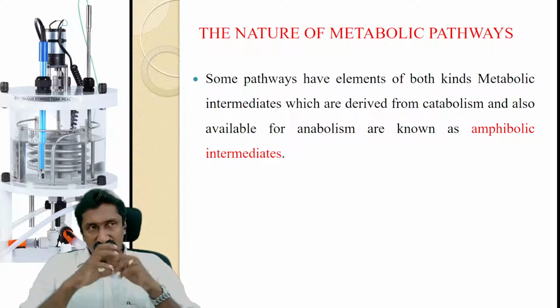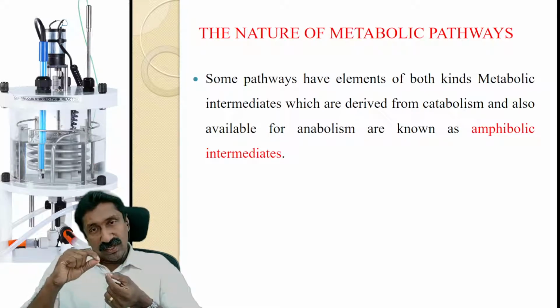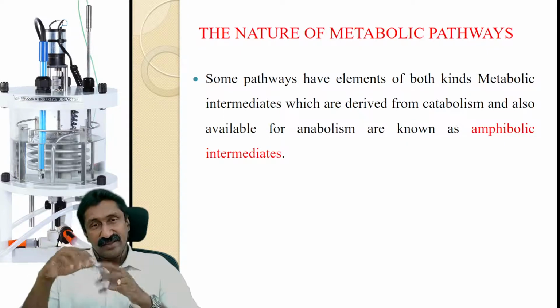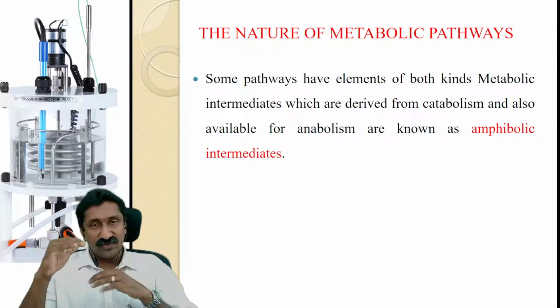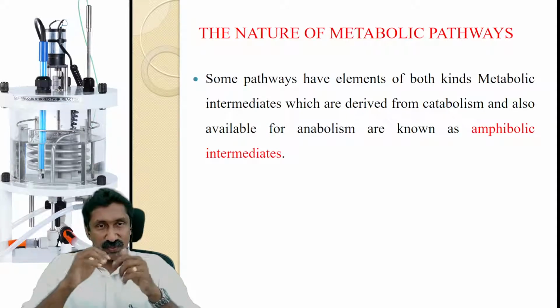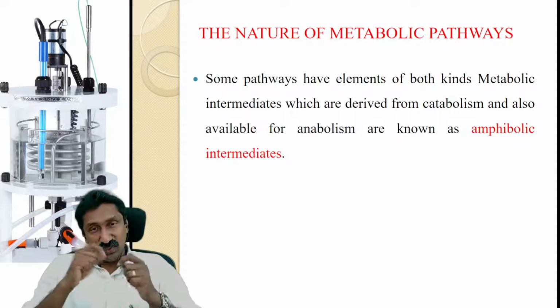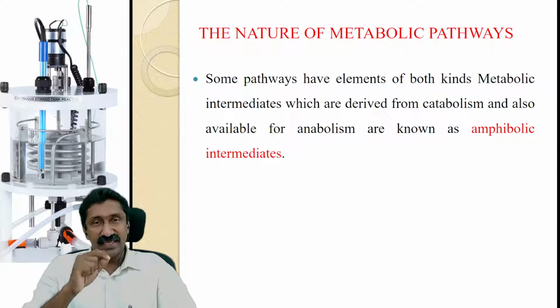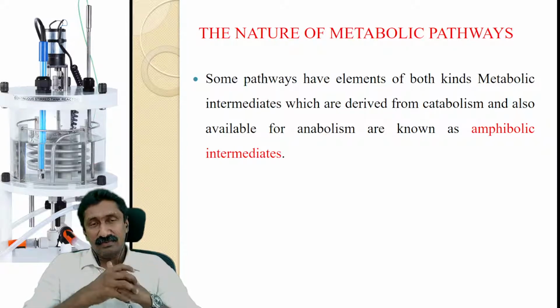But when B is utilized for synthesis of say X and then subsequently converted into Y, there is an anabolic reaction which utilizes this intermediate B as a building block.